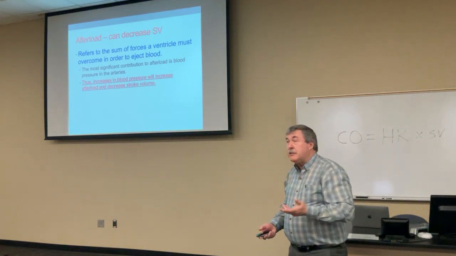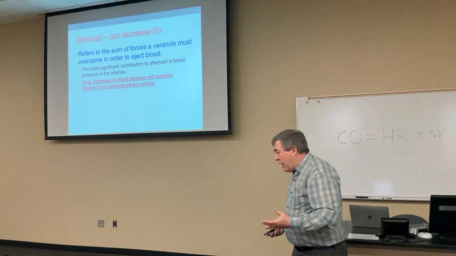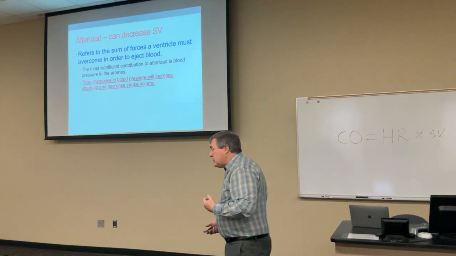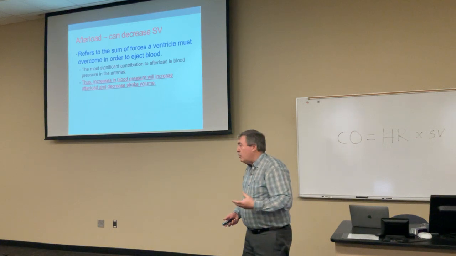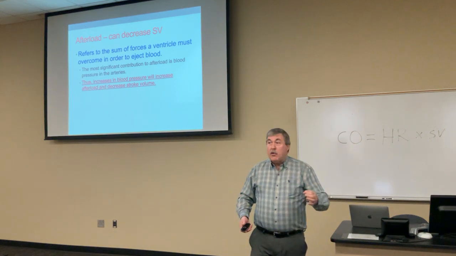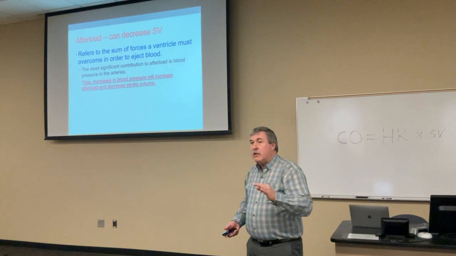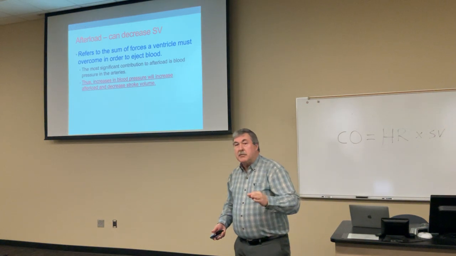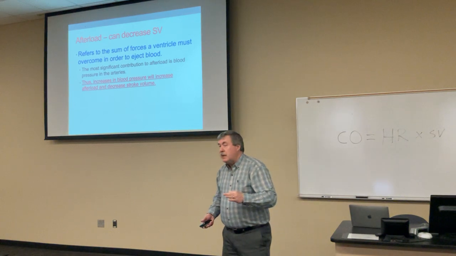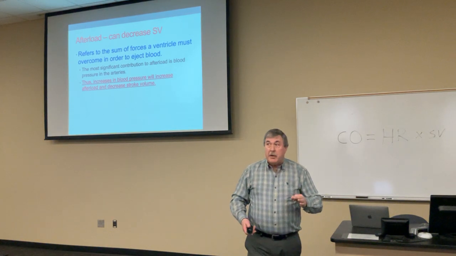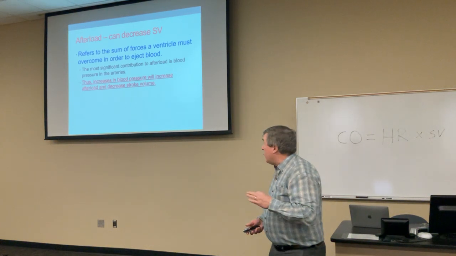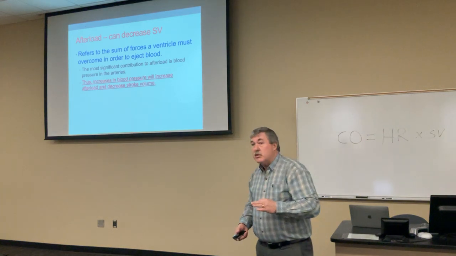Another malformation that can increase afterload would be aortic stenosis. That's when the diameter of the aorta is narrowed. Sometimes that can be a congenital defect. That can increase resistance to the pumping of the heart, and that also can reduce stroke volume.